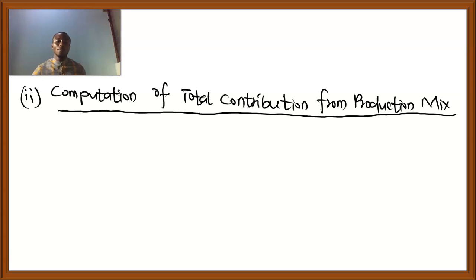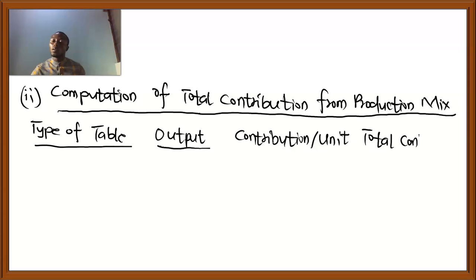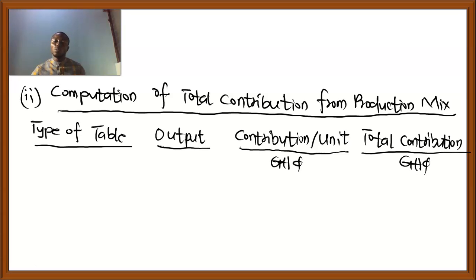Okay, so we have type of table, we have our output, we have contribution per unit, and total contribution. This is in Ghana cedis, and the output is in units.